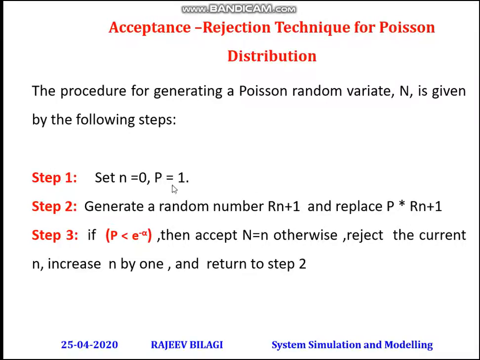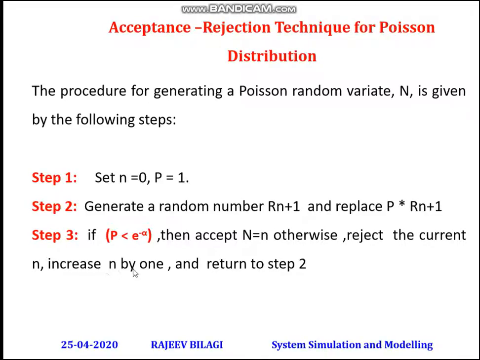Earlier it was p equal to 1, now it is p times Ri. Once you generate the value of p, you compare it with e to the power of minus alpha. If p is less than e to the power of minus alpha, then accept n equal to n, that is n equal to 0. Otherwise, reject the current n, that is n equal to 0.